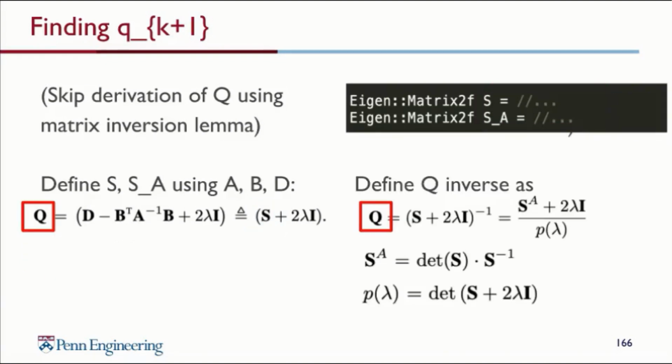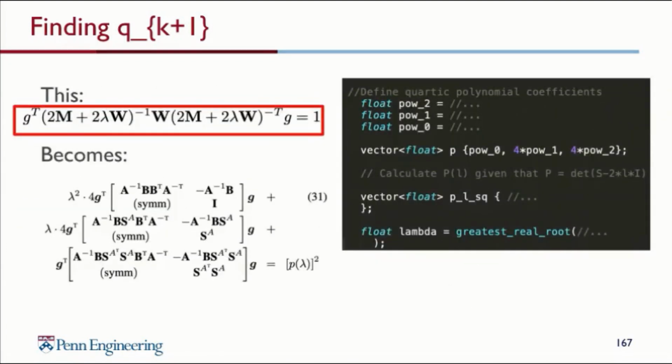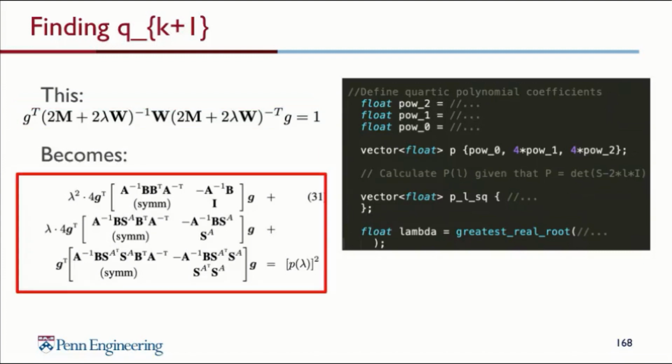Now, once Q and Q inverse have been defined, as shown here, according to the values of A, B, D, S, and S of A, after some additional steps of manipulation, the expression for lambda will become this polynomial expression in terms of lambda.